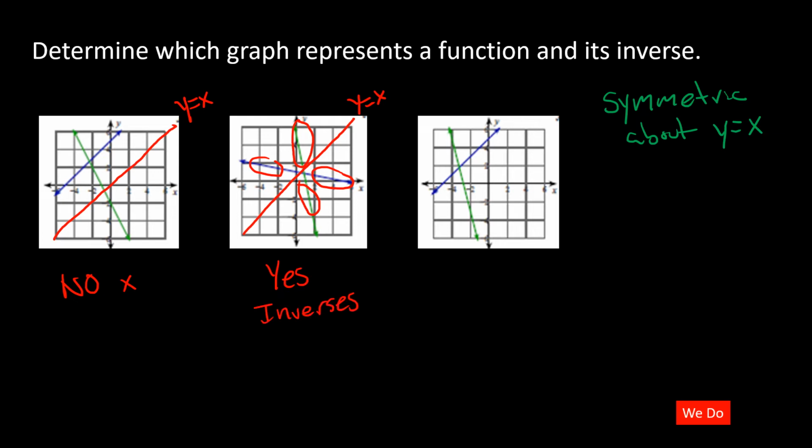And lastly, if I draw my y equals x here, and if I fold it, would the blue and the green land on each other? This is a no. It's a big fat X. So the only one here would be the one in the middle. Easy skill, but it's also easy to mess up. Let's move on.